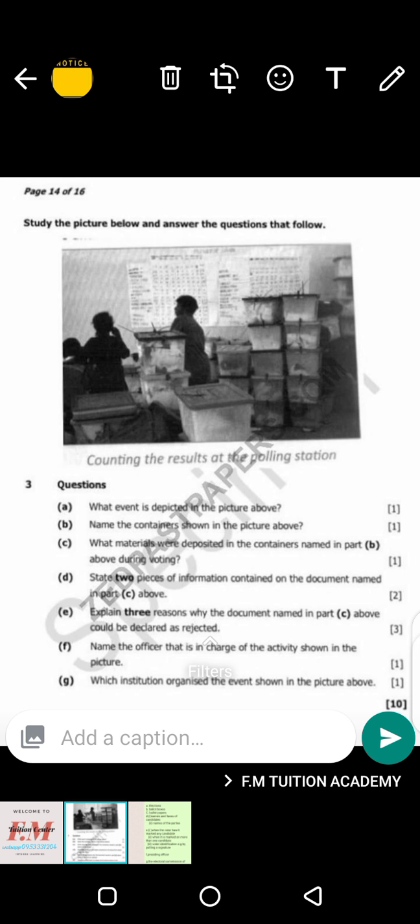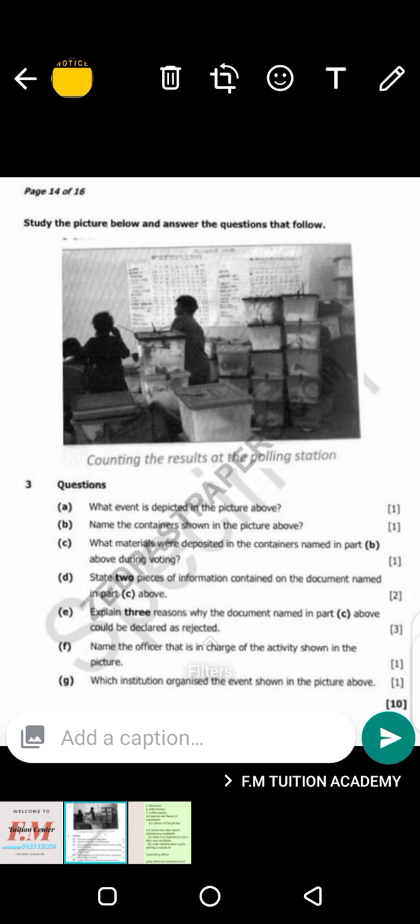Question D. State 2 pieces of information contained on the document named in part C. They're asking you what information is on the ballot paper. Since the answer to part C is ballot paper, they're asking what information is contained on the ballot papers. What do you see on the ballot papers?